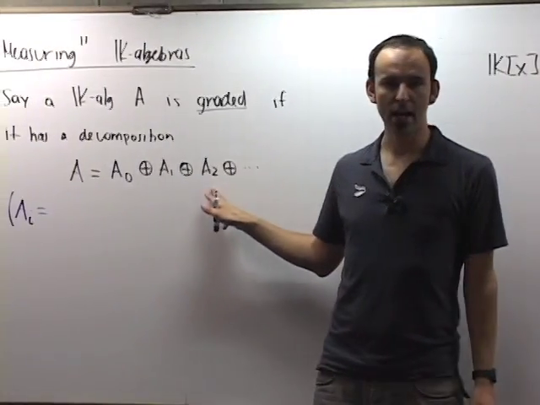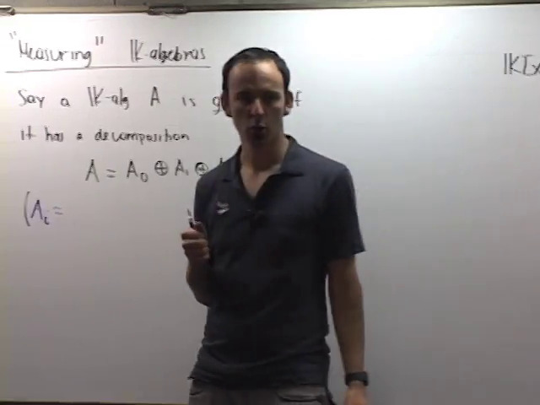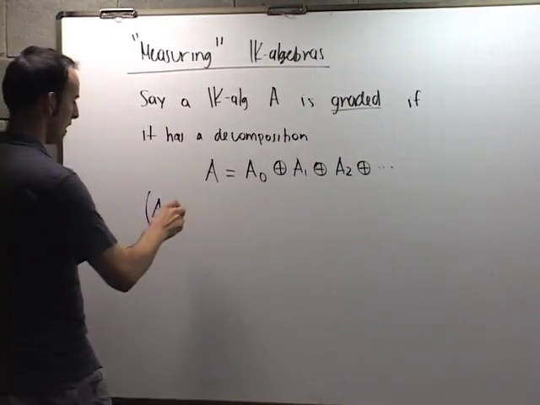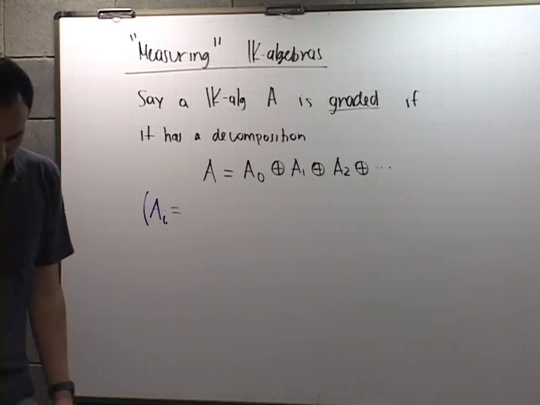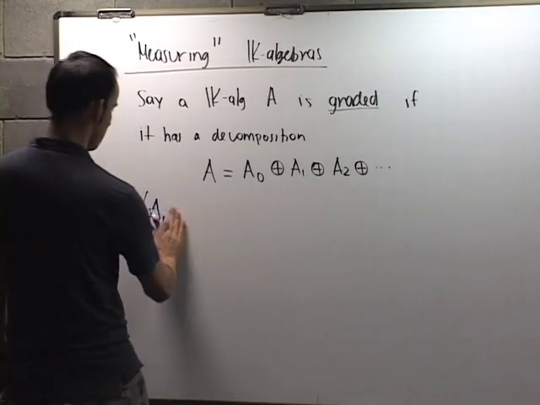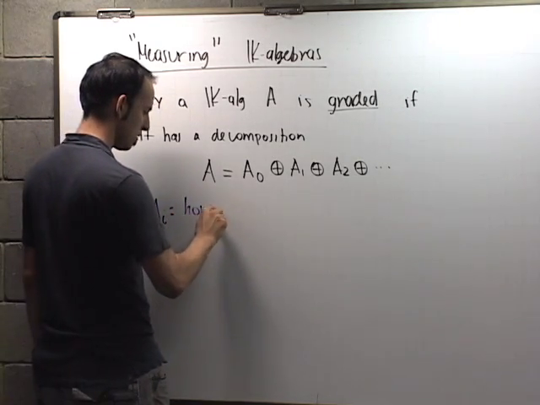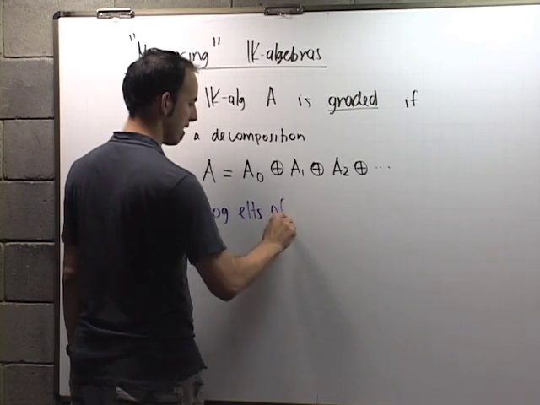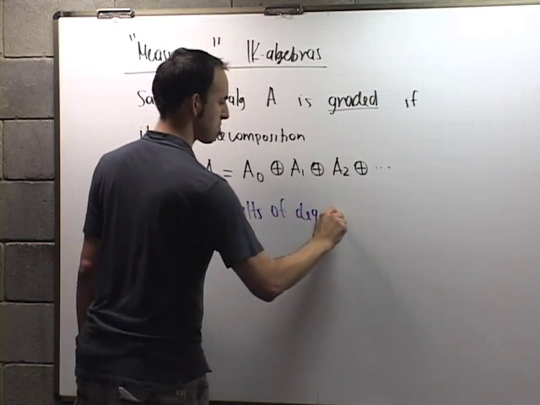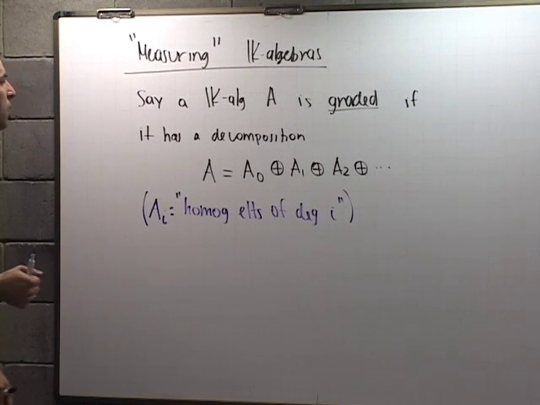And we're thinking that Ai consists of the things of pure degree i, homogeneous of degree i. So we call this the homogeneous component of degree i. The elements are homogeneous elements of degree i. That's what we call them.